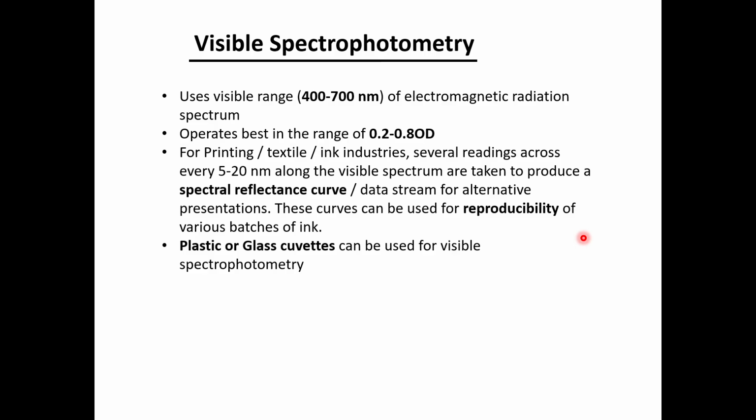Several readings across every 5 to 20 nanometers along the visible spectrum are taken to produce a spectral reflectance curve or data stream for alternative presentation. So these curves can be used for the reproducibility of various batches of ink. For visible spectrophotometry, plastic or glass cuvettes are used.